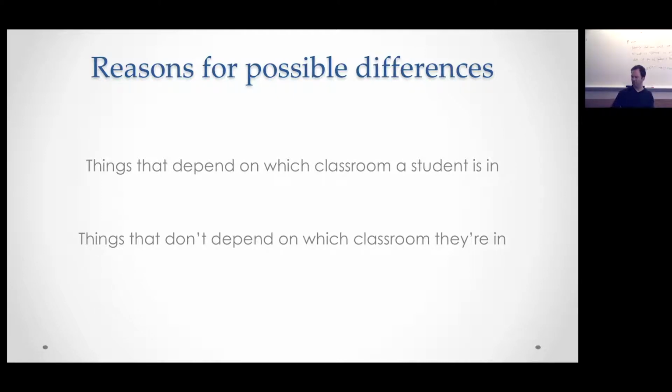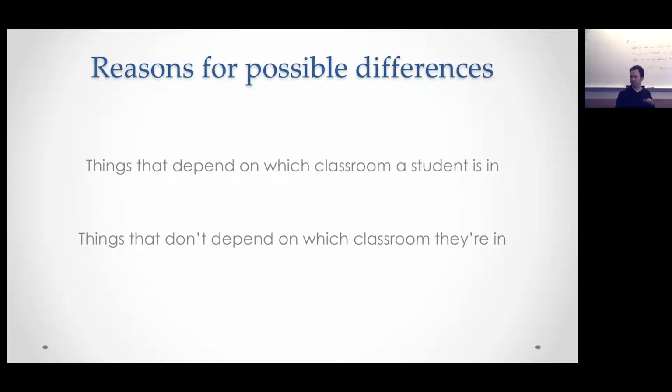So to answer that question, we have to ask about why we would have those differences. And there's basically only two reasons. There are differences because of differences in the two classrooms, and there are differences because of things that do not depend on the classrooms, like the variation in the students who go into the class. And we have to hope, by the way, that the students are not assigned to a class based on how good a student they are, right?